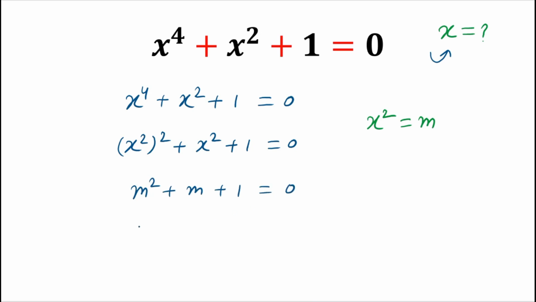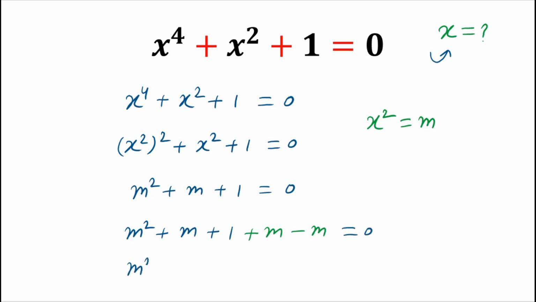Now on the left-hand side we have m² + m + 1, and here if we add m and subtract m, this is equal to 0.